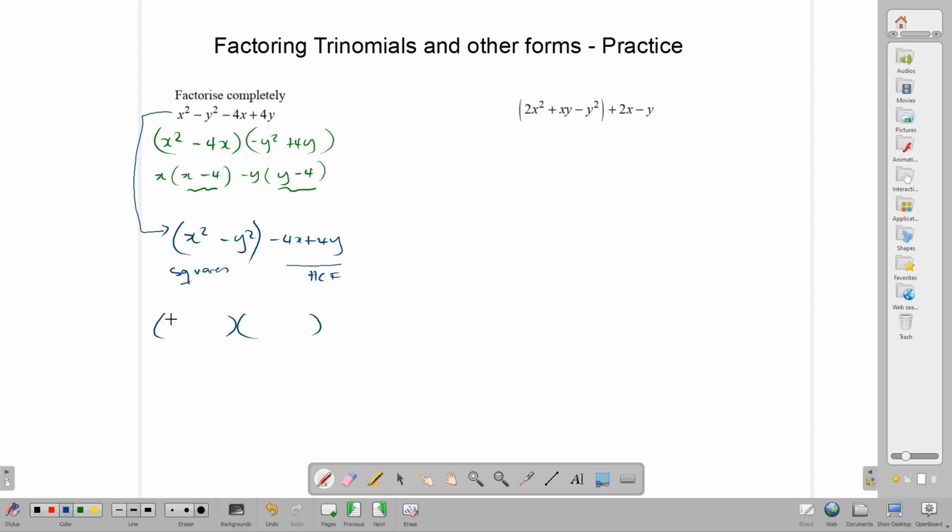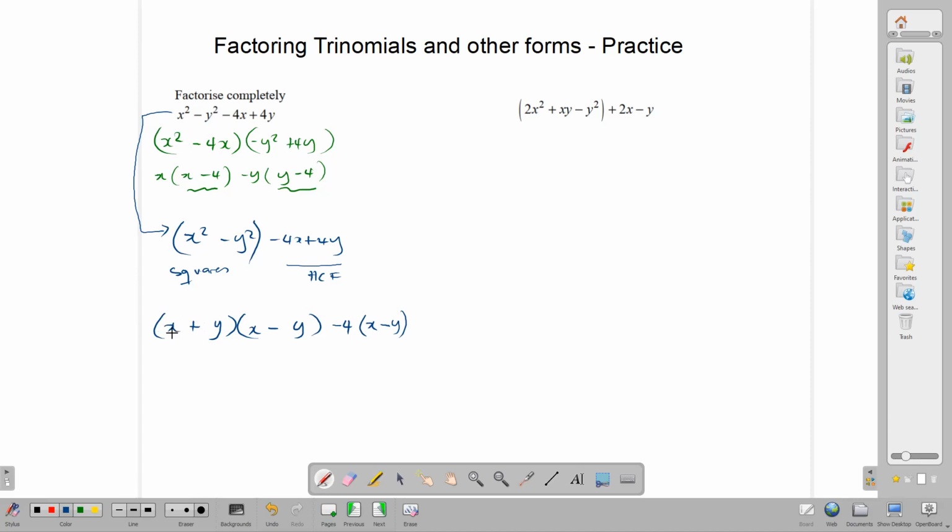The square root of x squared is x, and the square root of y squared is y. You make one bracket plus, and you make one bracket minus. Now, factoring this section out, we notice that negative 4 is our common factor. Well, 4 is our common factor, but because this term is negative, we use negative 4. And negative 4 into negative 4x gives us a positive x, and negative 4 into positive 4y gives us a negative y. Now look at the expression.